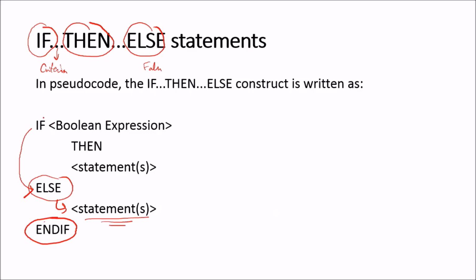Repeating it again. If condition, which is mandatory, then is mandatory, else is mandatory, and end if is mandatory, right? If your expression is true, it's going to follow then path, then में आएगा और जो भी statements होंगी उनकी execute कर देगा.